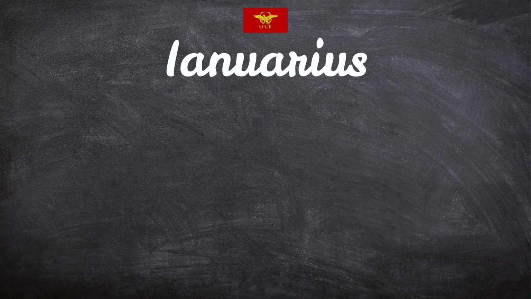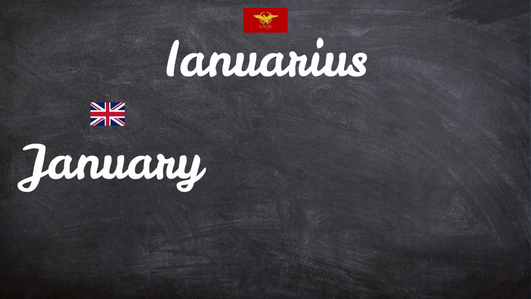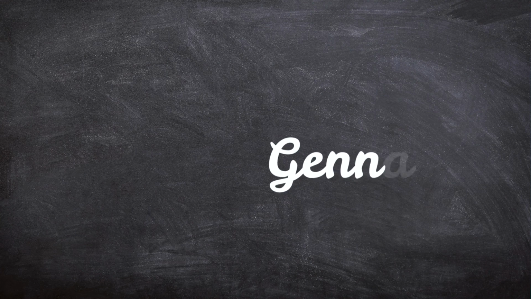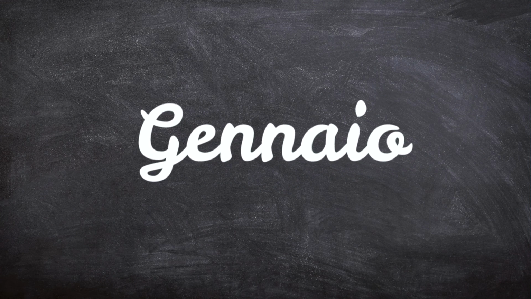Janus was a god venerated on occasion of something about to start. So, what better occasion than starting a new year to name a month after this god? Januarius, of course, is the English January and the Italian Gennaio, with two N's in the middle, Gennaio.